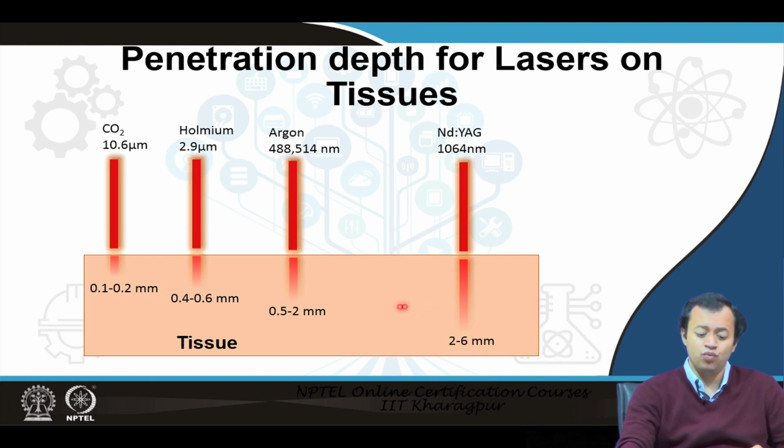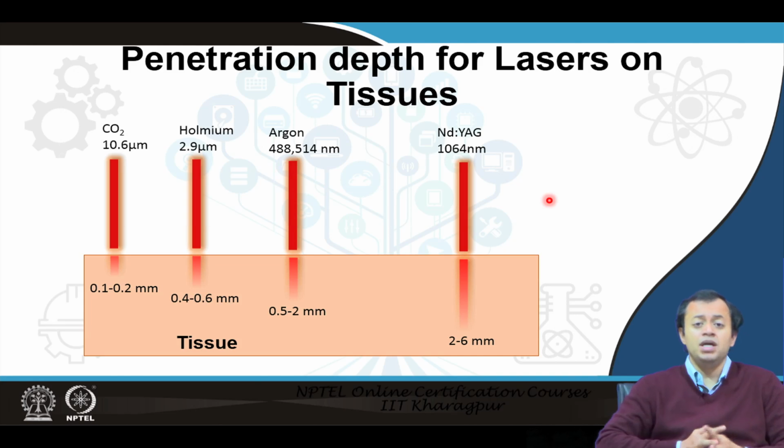Increasing of temperature will change the nature of the tissue. If the tissue nature is changed, then the depth of penetration is also different. But this is a handy tool for medical practitioners, doctors, to see what kind of laser they will be willing to use to perform a particular specific medical surgery.